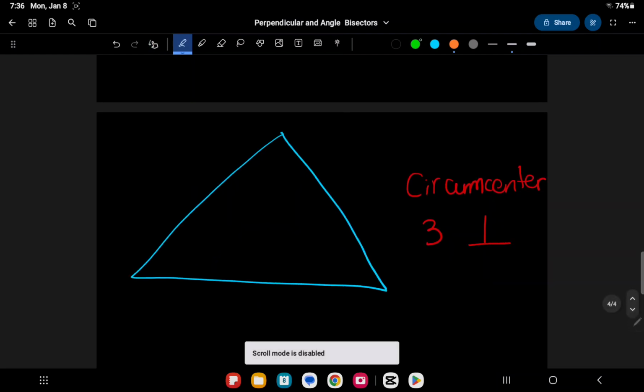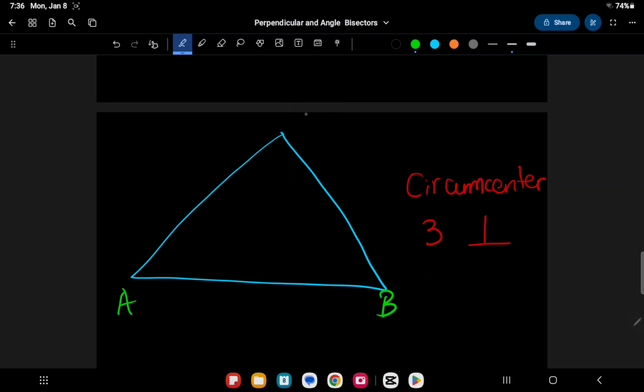My triangle is ABC. So if I do a perpendicular bisector of BC, remember it bisects it. So that's my perpendicular bisector of BC. Then I'm going to bisect AB. So I make sure it's the middle here. I bisect this AB.